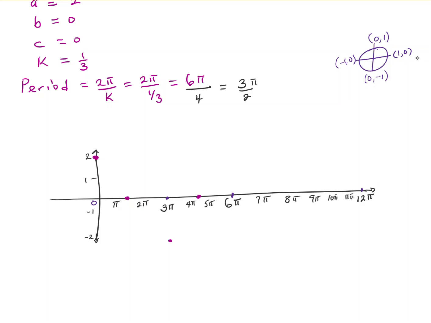And coming back here, it is 1, so that is 2 because of the amplitude. So nicely, I'm going to have a graph that behaves this way.